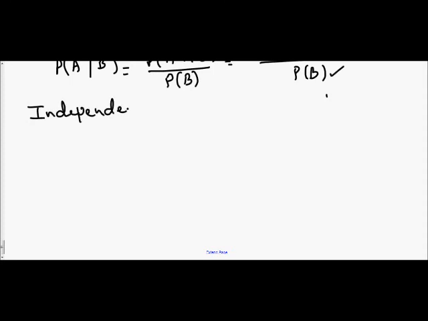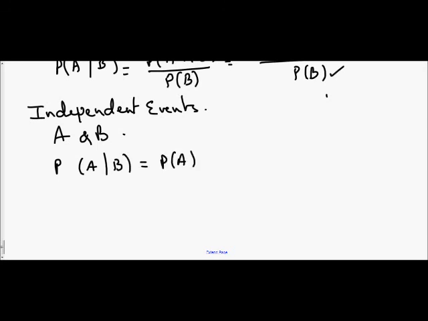So we have independent events. If A and B are independent, then P of A given B would be equal to P of A, and P of B given A would be P of B, because P of B doesn't depend on A. Therefore, there is nothing to do with whatever A gives as outcome.